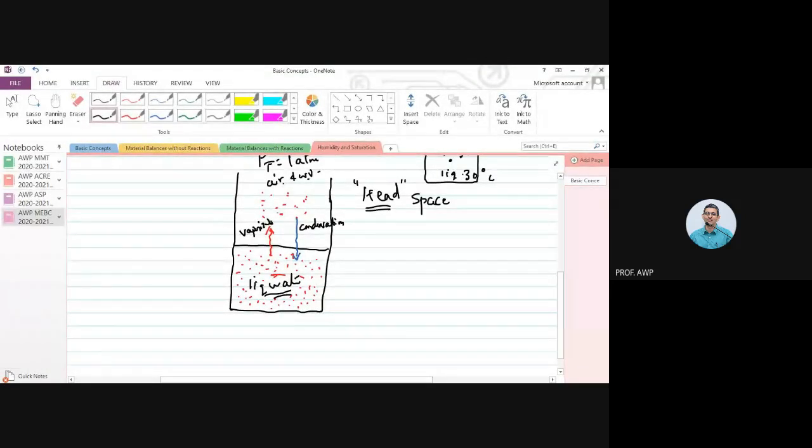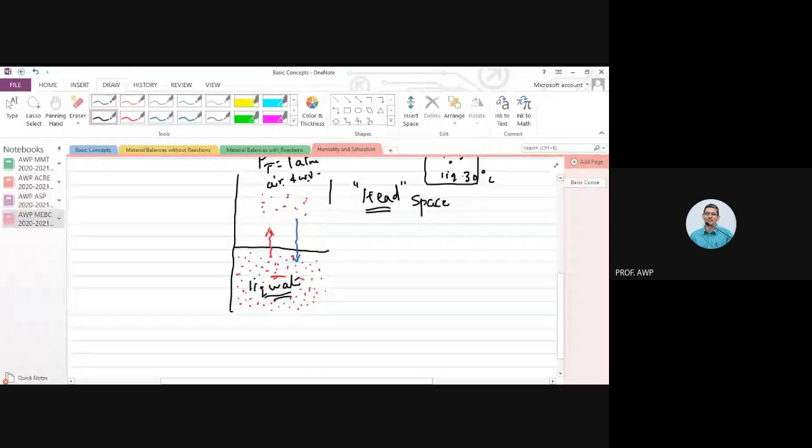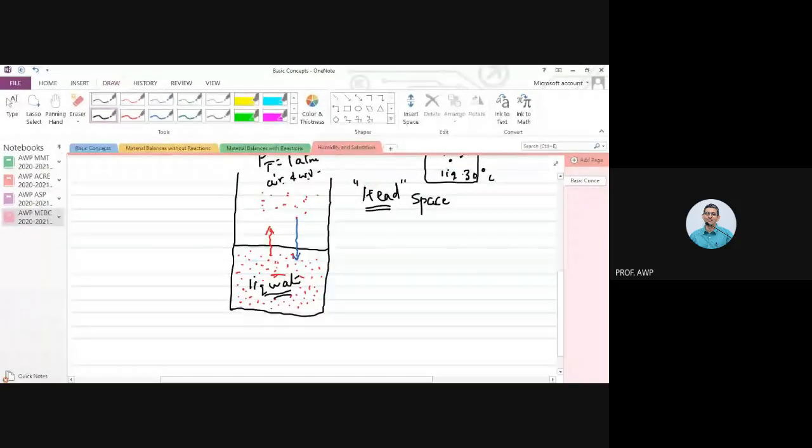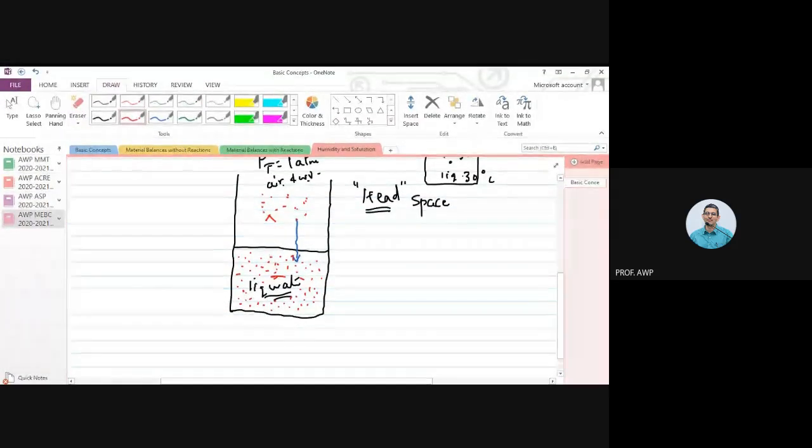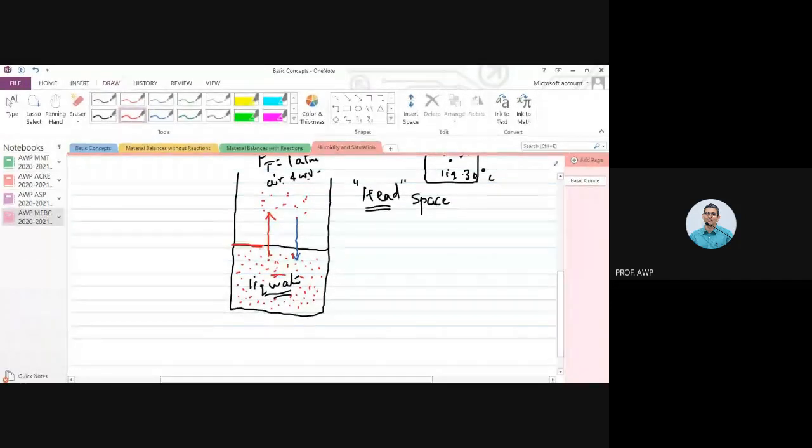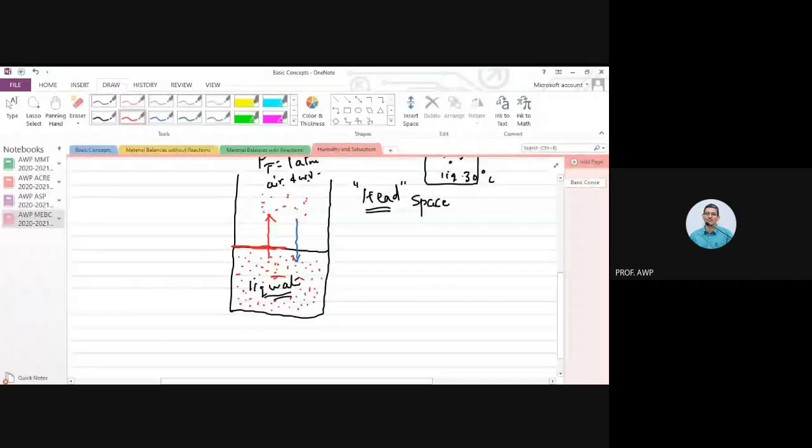Now, only thing is, if the amount of water vapor in the air is very less, then the rate of condensation is smaller than rate of evaporation, and therefore no water actually condenses. Okay? But we can visualize a layer in the immediate vicinity of this liquid layer.